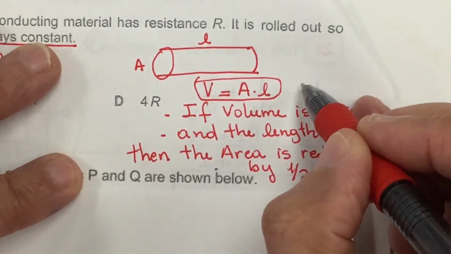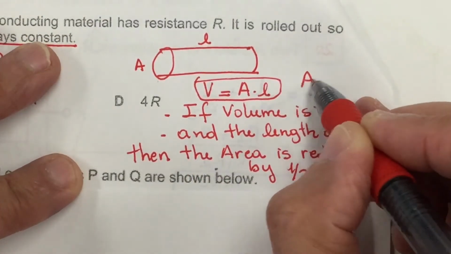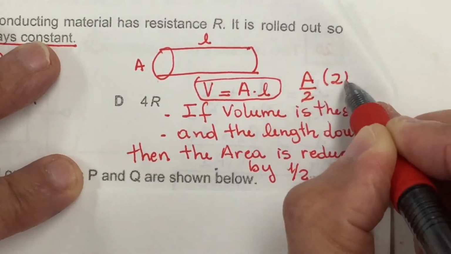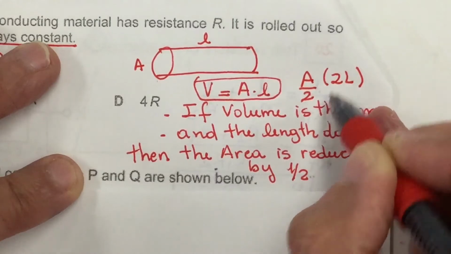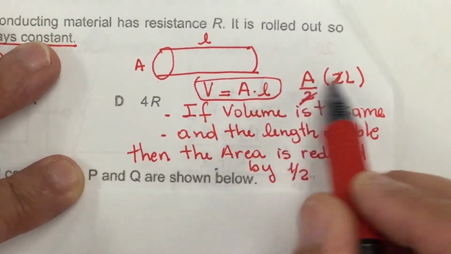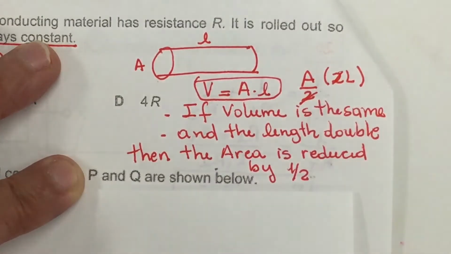So the area is reduced by half and the length is doubled. That way, the volume stays the same as the original.